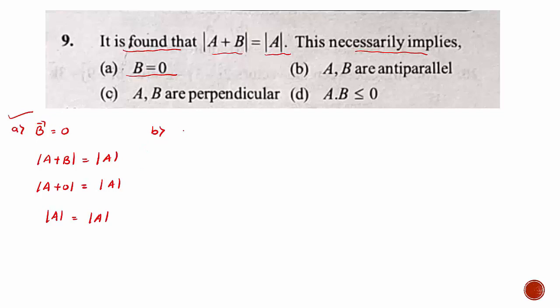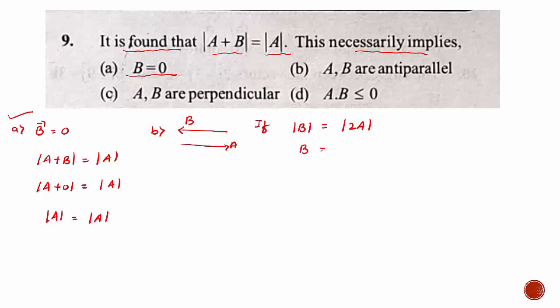Or we can check option B. A and B are anti-parallel. Suppose this is vector A. Anti-parallel means opposite in direction. We can take vector B on this side. Let us imagine the magnitude of B is equal to the magnitude of 2A.